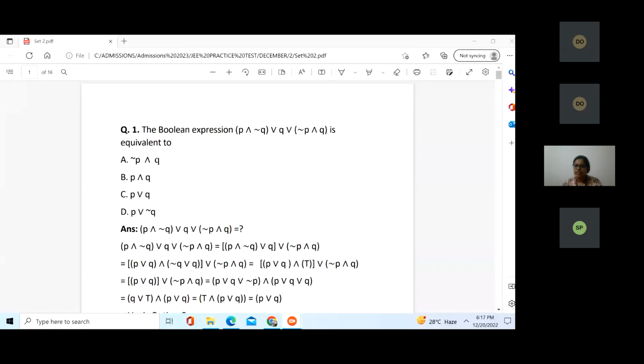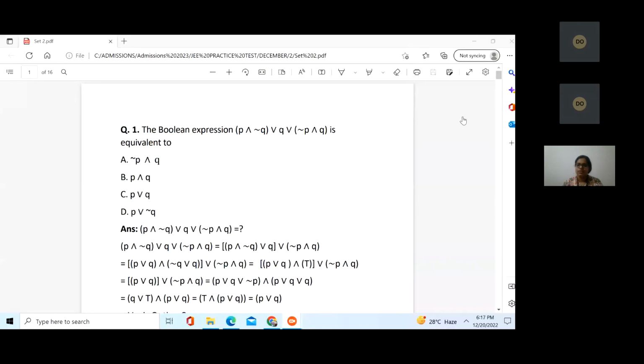So Pratiksha, have you completed the problem? Students, please try to respond in the chat box so that I'll also get an idea about the status, whether you have started doing the problem.